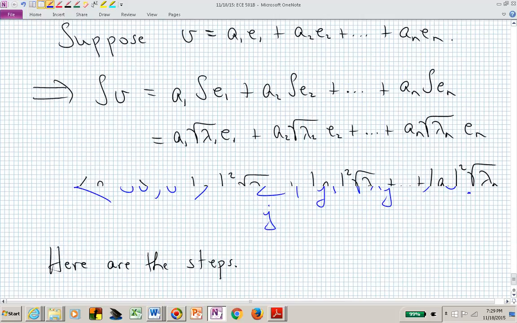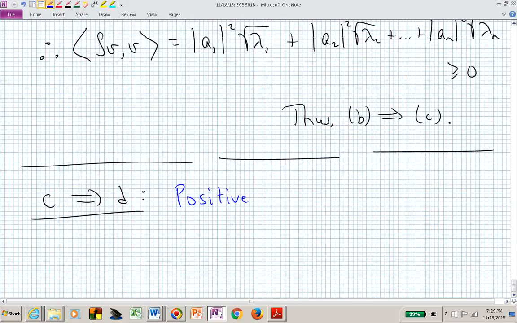Well, half of something being positive is that it's self-adjoint, so positive implies self-adjoint by definition. So we've now concluded that C does imply D.